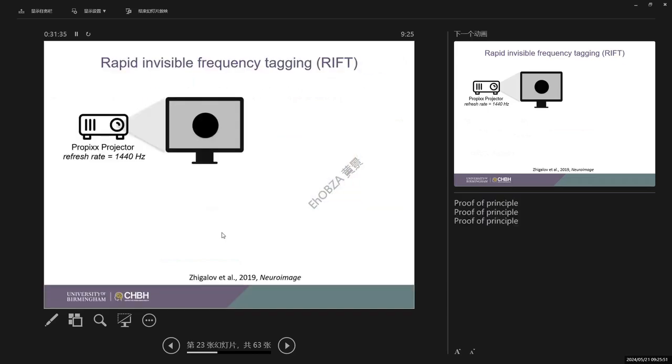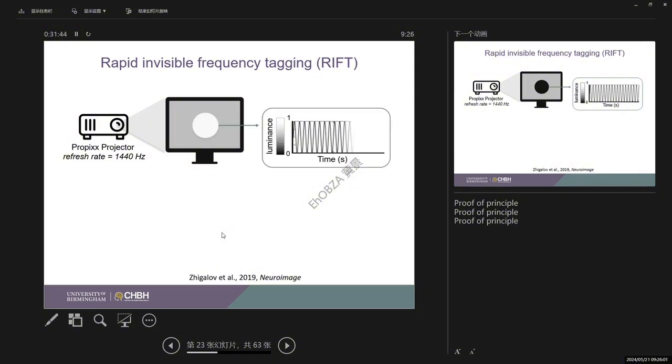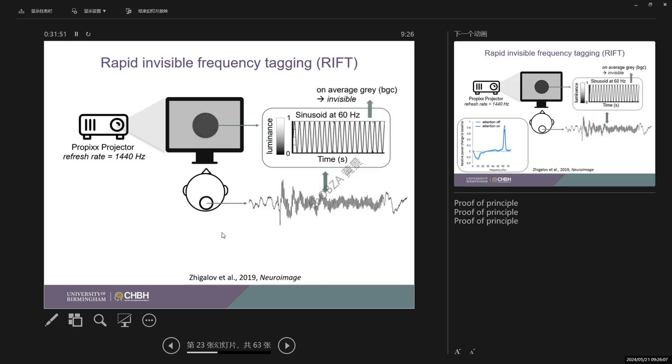As you see here, we have the projector, we flicker the stimuli at 60 Hertz in this case, and then we can measure the luminance of that flicker, but we can also measure the brain response. It turns out that it's possible for the visual cortex to follow these flickers at 60 Hertz, in the sense that we do get a sizable signal. What's also good about this is that you do not actually perceive this flicker.